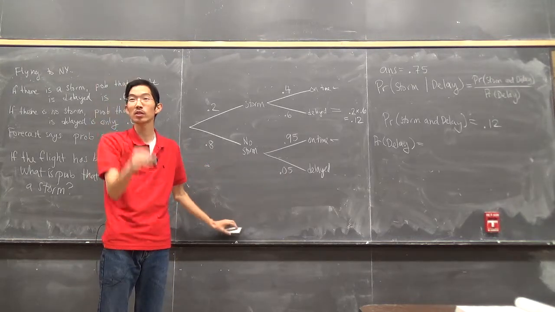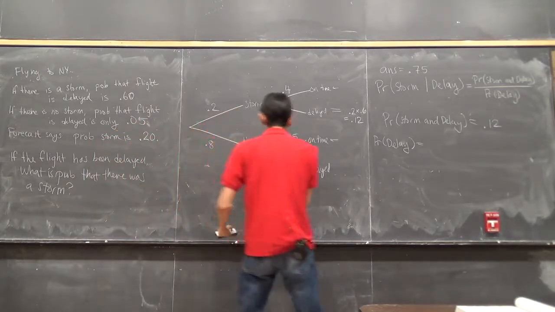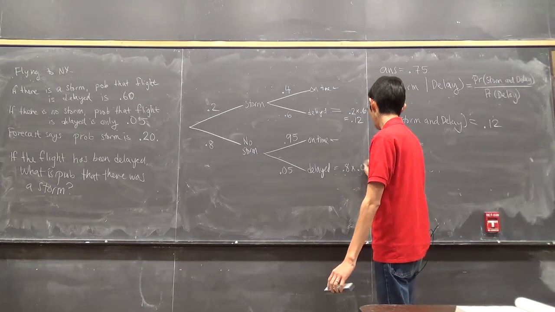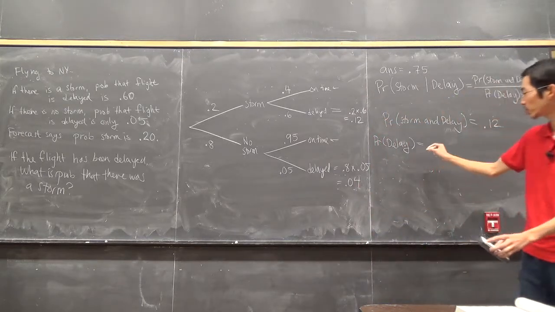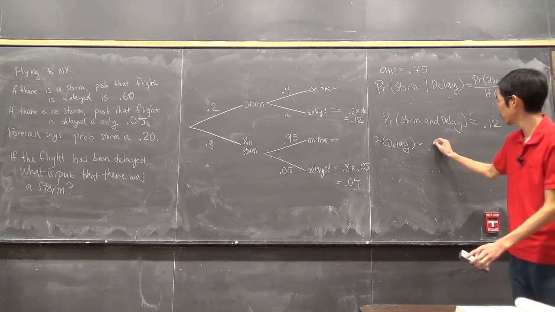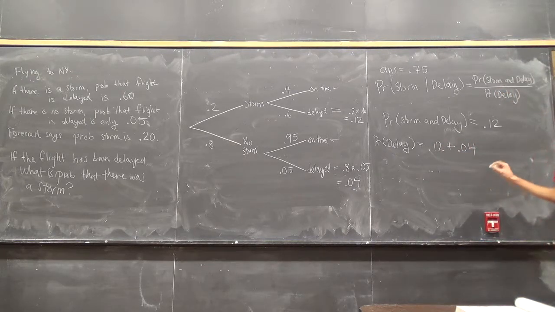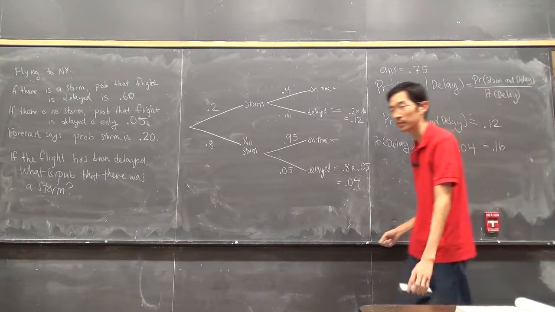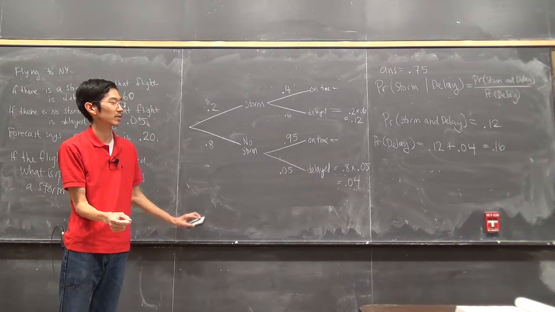Would that be 0.8 times 0.05? Yes, so the probability of no storm and still being delayed is 0.8 times 0.05, which is 0.04. The total probability of being delayed would be 0.12 plus 0.04, so the total probability that the flight is delayed is 0.16.